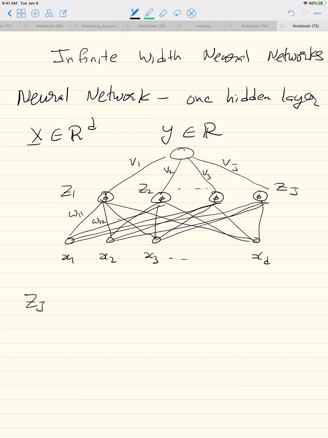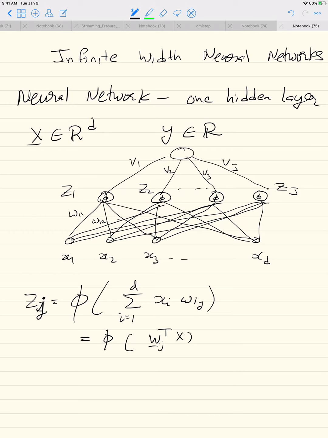So here Zj is some function phi applied to the weighted sum of inputs. We can write it in vector form as phi of Wj transpose x, where Wj is the jth vector.